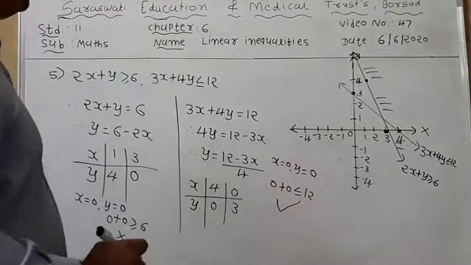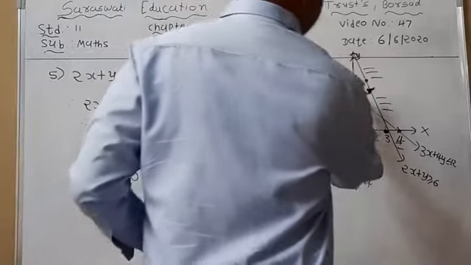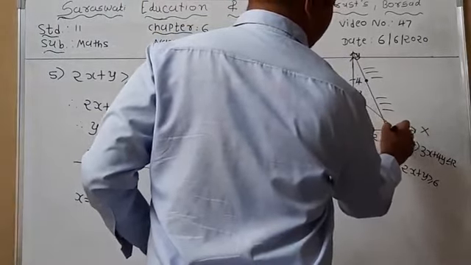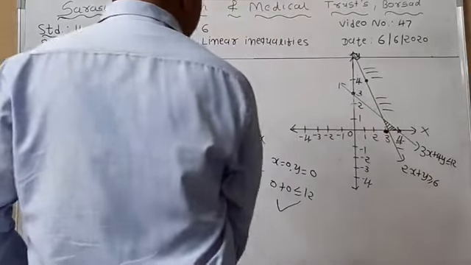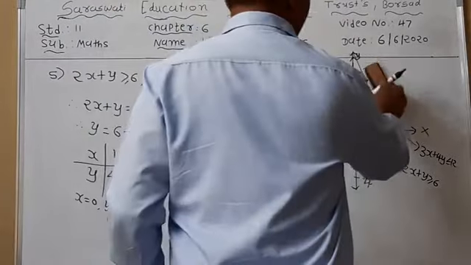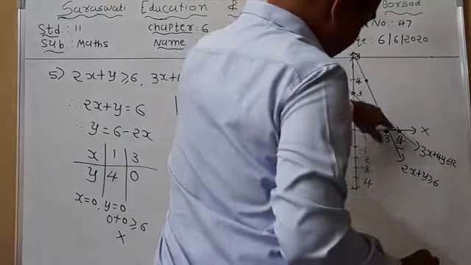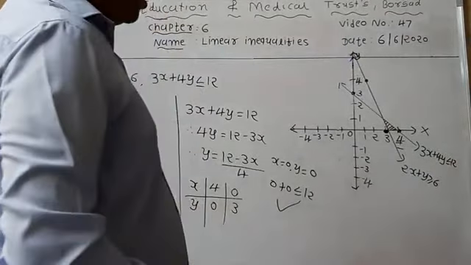This condition is true, so this line's shaded portion is like this. So our common part is like this. Clear? Our common portion of both shaded portions is this one. So our answer is this.